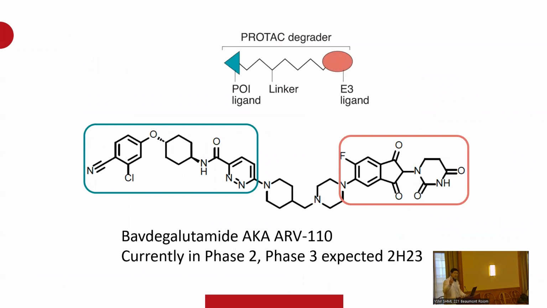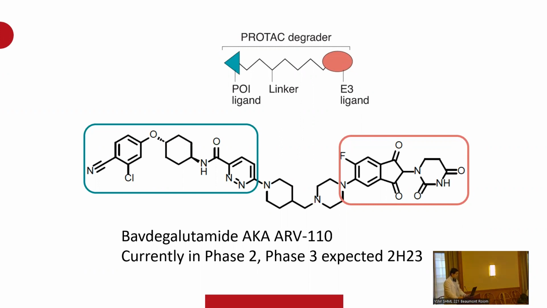And this is one of their first drugs, called bavdegalutamide, also known as ARV-110. You can see on the right-hand side, in pink, the chemical structure resembles the thalidomide from the slide before, and the far left side, circled in cyan, the ligand for androgen receptor, was found via chemical screening.